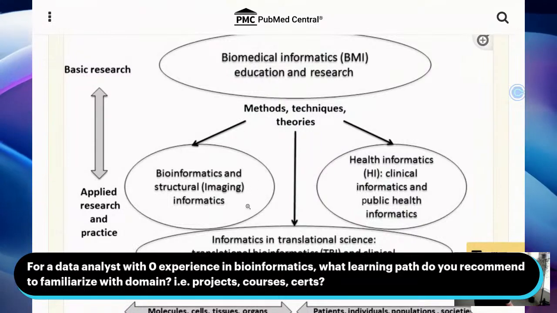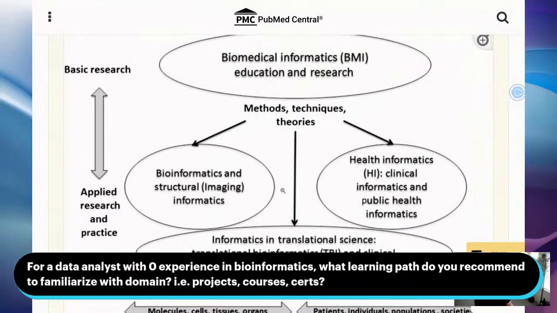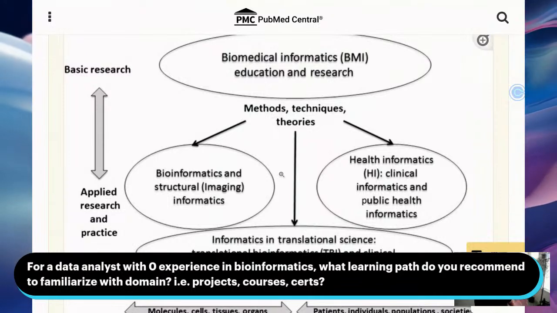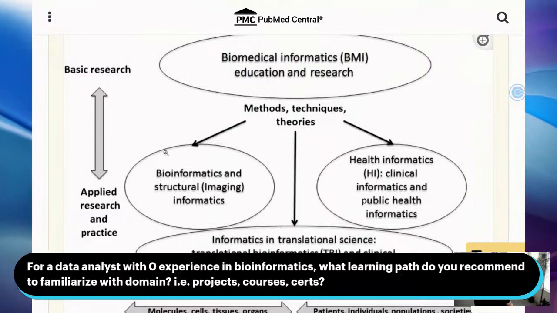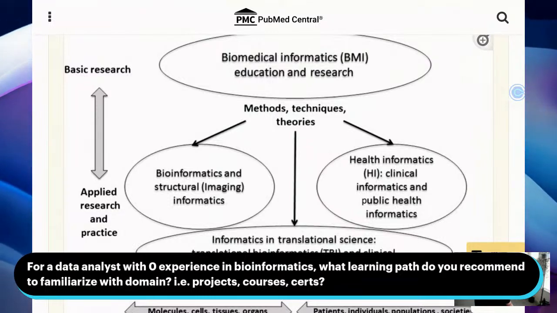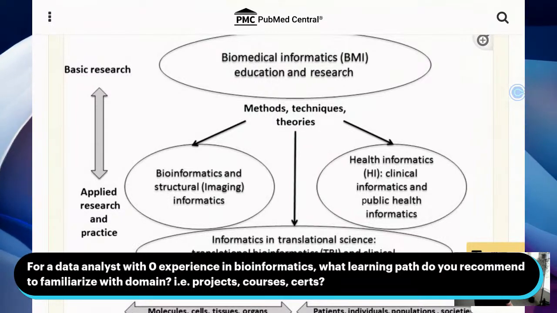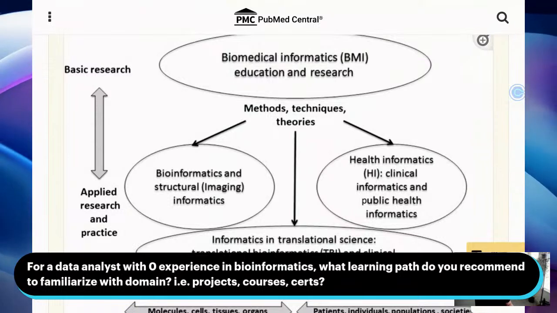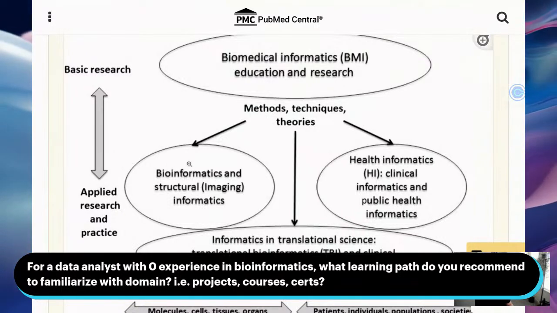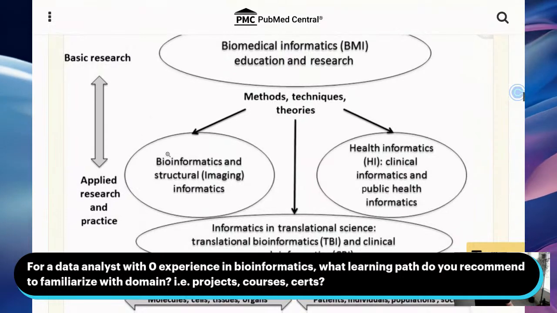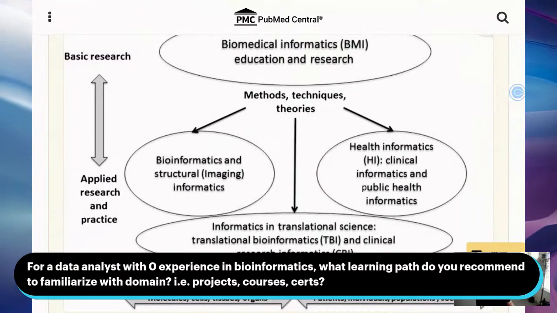So if you're asking about what learning path, I think it's figuring out which one of these you would be most interested in, because the paths to each of these areas are very different. To quickly elaborate, if you like a lot of genetics and computer science, you're deeper in the technical weeds, heavy into research, bioinformatics seems to be the fit. There's a lot of overlap among all these, so let me say that first.